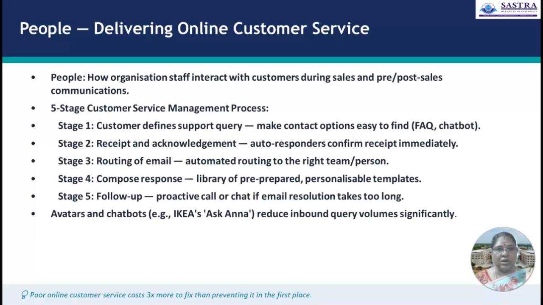Especially when you are talking about stage one, how customers find you. Based on the type of customer, whether it is a B2B business customer, a B2C customer or a B2G customer, what type of customer you identified in the first step, and how they are contacting you, you can route that person to that particular department.